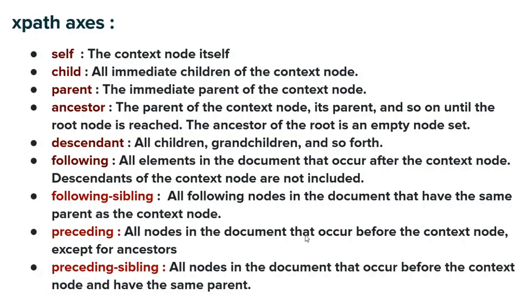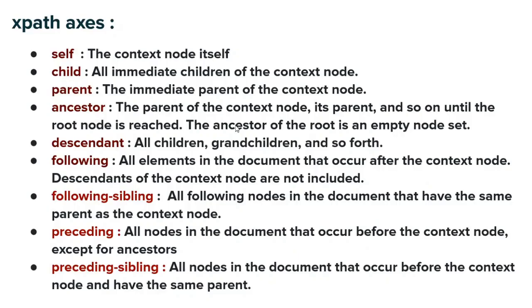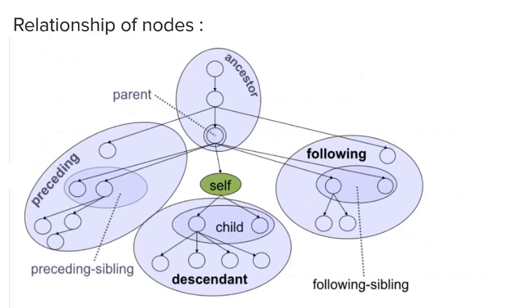All nodes in the document that occur before the context node except for ancestors are preceding. Let's revise one more time. All the nodes after the self node are considered following, excluding the descendants. Nodes coming after the context node are following, and all nodes in the document that occur before the context node are preceding.